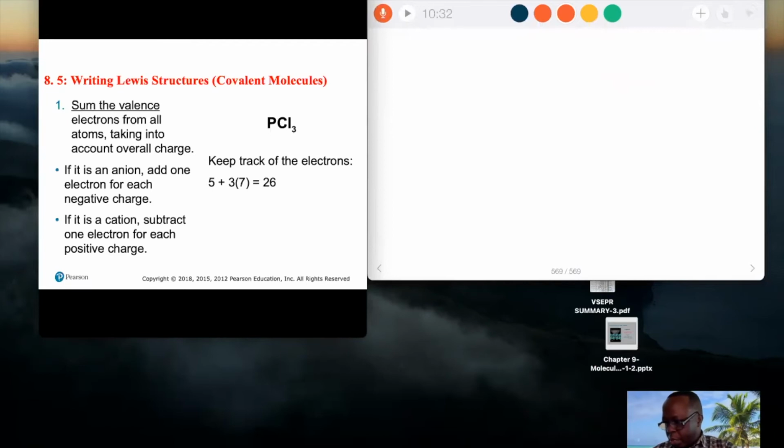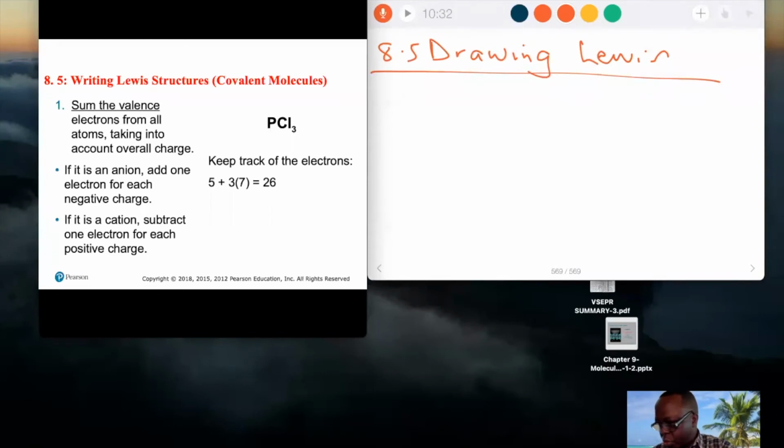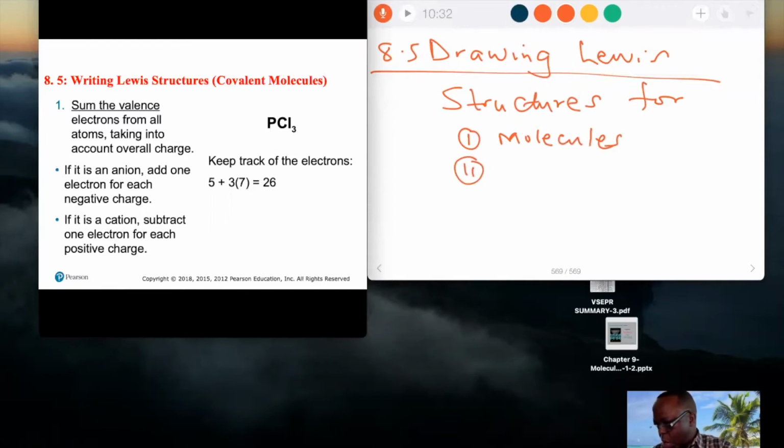Step number 1, let me just label this: drawing Lewis structures for molecules to polyatomic ions. You can be given a polyatomic ion, that means it has an overall charge.